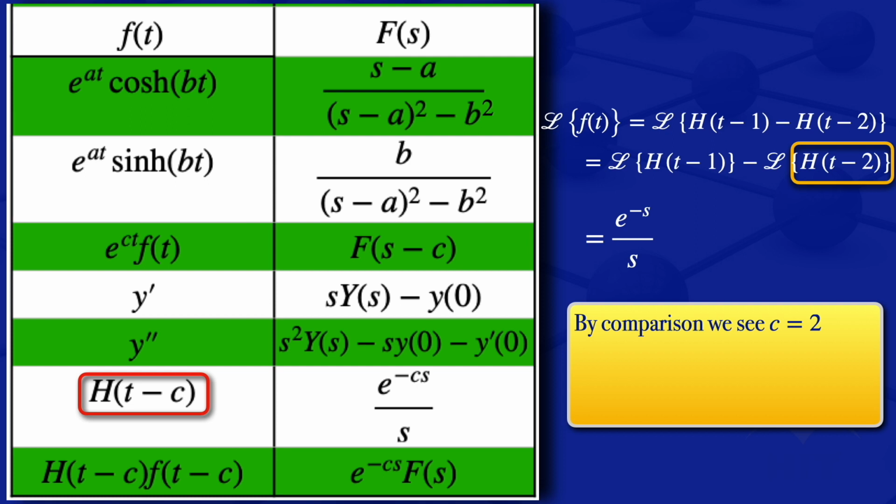So in the F(s) in the table, we substitute c equals 2, and we have F(s) is e to the power of minus 2 times s, divided by s. And it will give us e to the minus 2s divided by s. I'll then substitute it above, and we have minus e to the minus 2s divided by s.